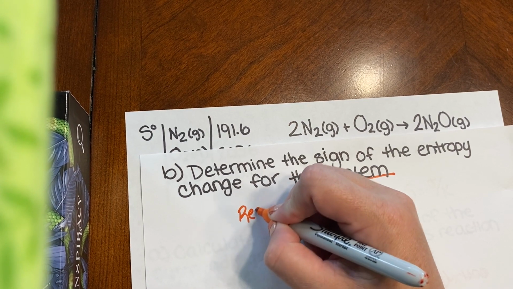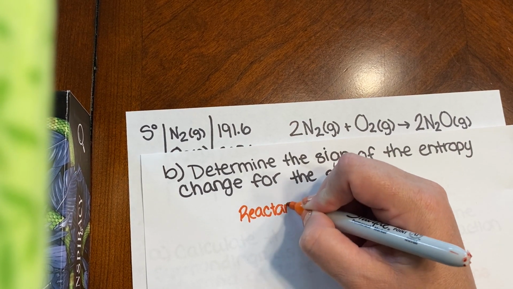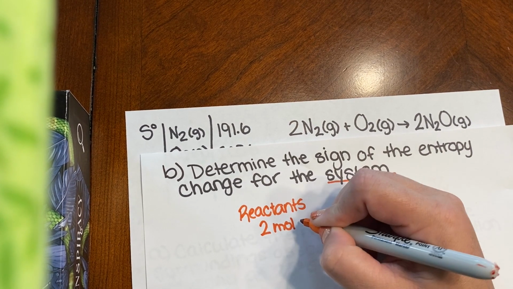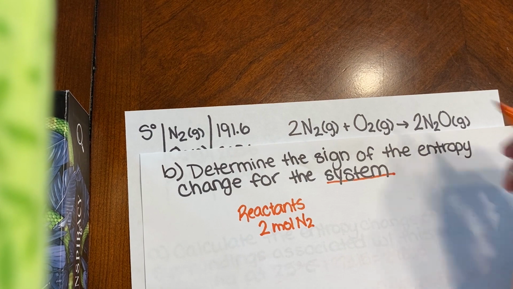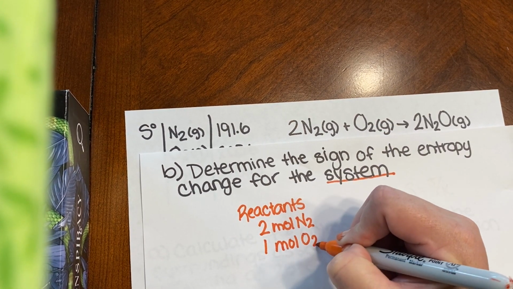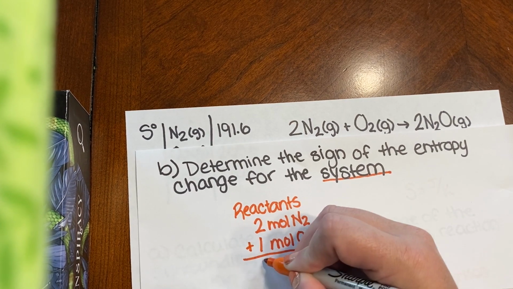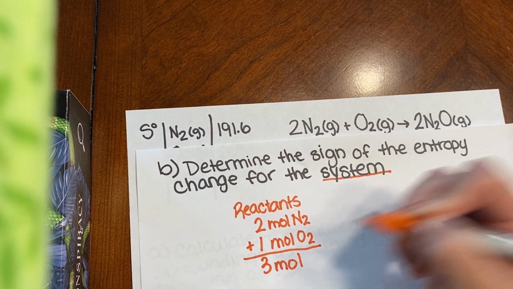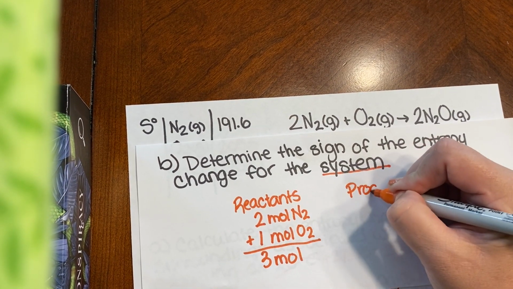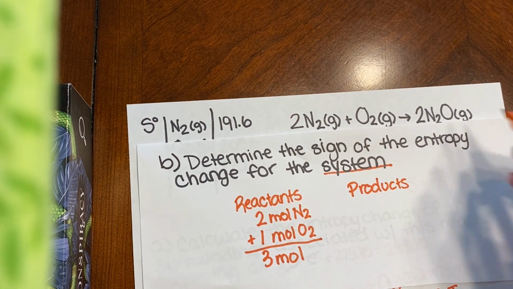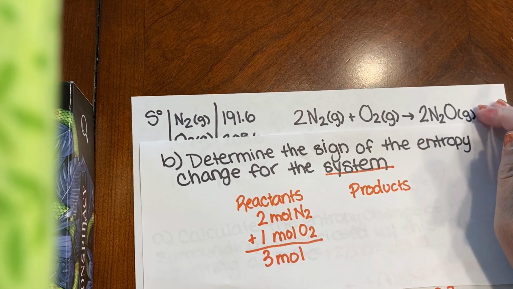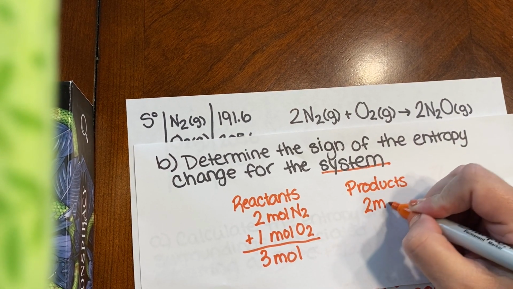So our reactants, we have 2 moles of N2. We have 1 mole of O2 for a grand total of 3 moles of our reactants. For our products, we have 2 moles of this dinitrogen monoxide. So 2 moles N2O.